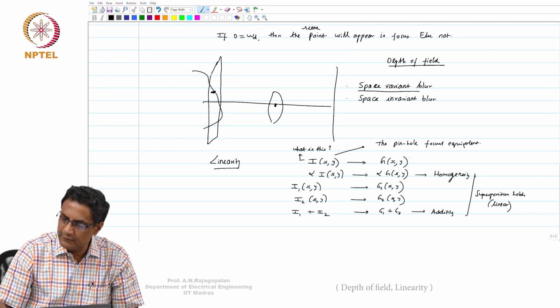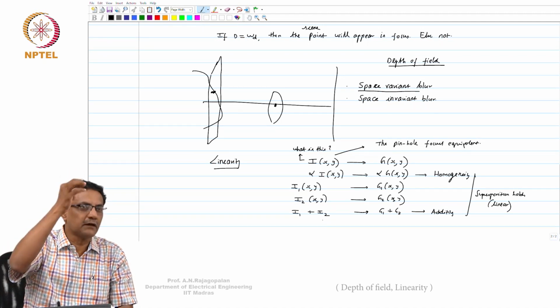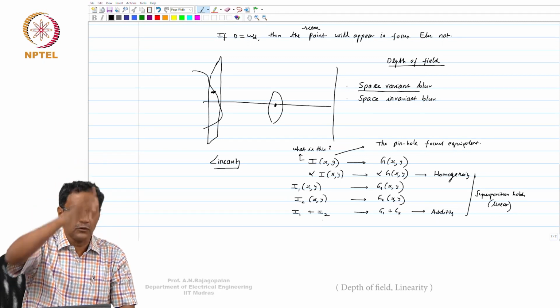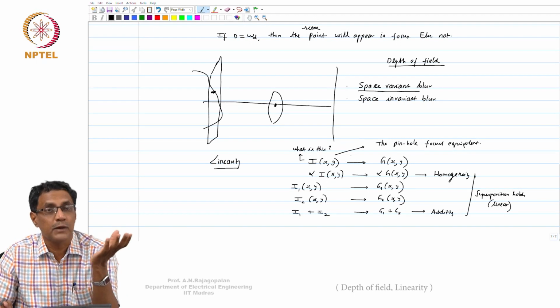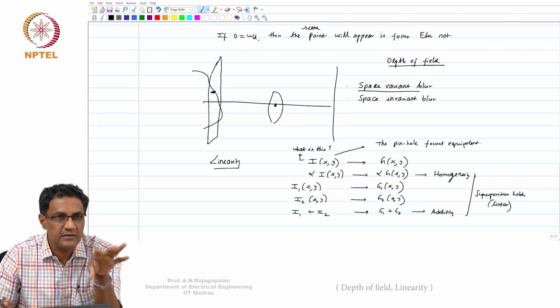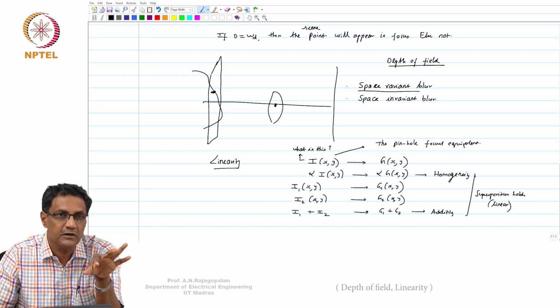Now we tend to interpret this as a complete image, which is also okay, which means not just one point light but a whole collection of point light sources for which you get an I of xy. Then if you replace the pinhole with a lens, it turns into some g of xy.